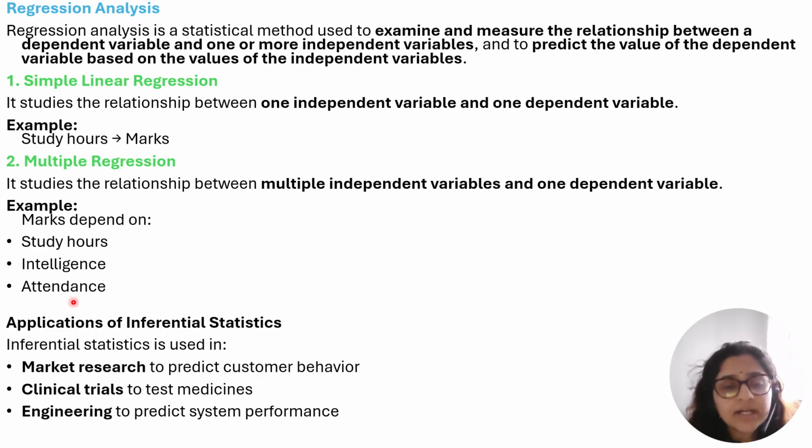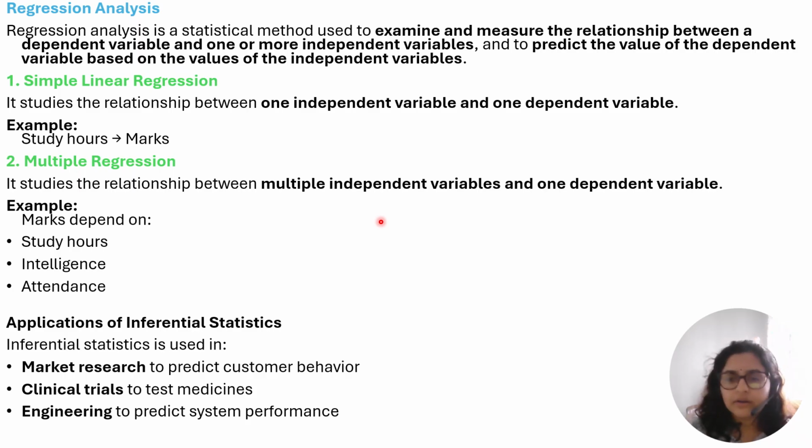So how will study hours, intelligence, and attendance affect the marks? Here all these three are multiple independent variables. So simple linear regression: one independent, one dependent. Multiple regression: multiple independent and one dependent. I hope you understand the difference between both of them.